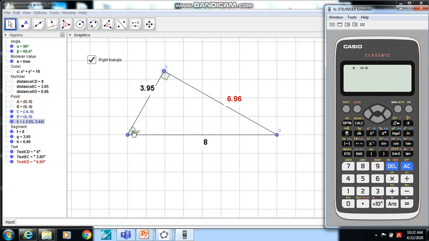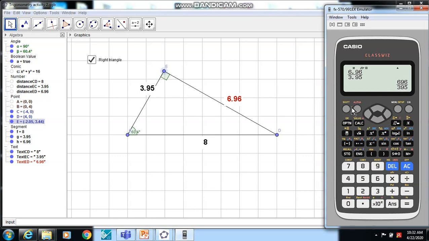Tangent C is opposite over adjacent. This one is the opposite side of the angle C, and this one is the adjacent side. Opposite is 6.96 over the adjacent 3.95. This one is the value of the tangent.